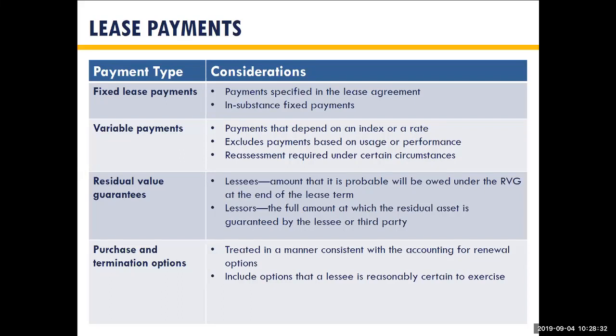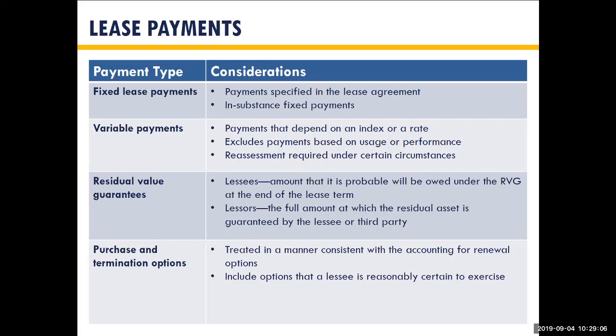Let's say for a vehicle, you pay a $100 fee plus 50 cents per mile after that, or you pay a flat fee of, say, $250. Well, even though there's two options there, it's unavoidable in that first portion to pay that $100. So that would be included in the lease payments as an in-substance fixed payment.